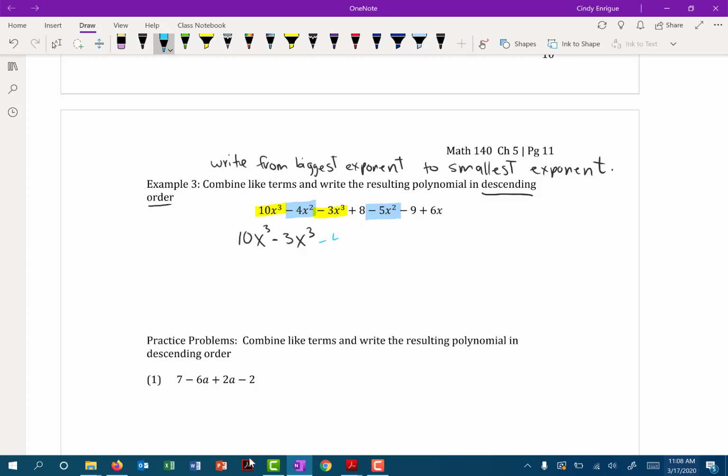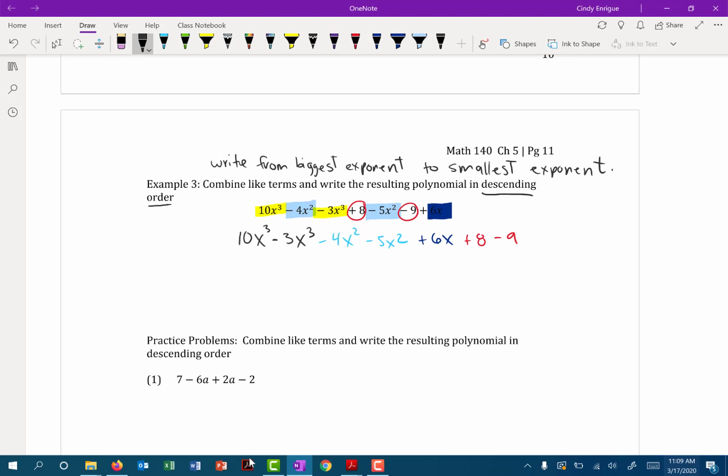So I can say it's a negative 4x^2 and a negative 5x^2. The other thing that I'm going to have here is a regular 6x. So that 6x doesn't combine with anything else, so it's a positive 6x. And everything that's left over is a constant. So I have a positive 8 and a negative 9.